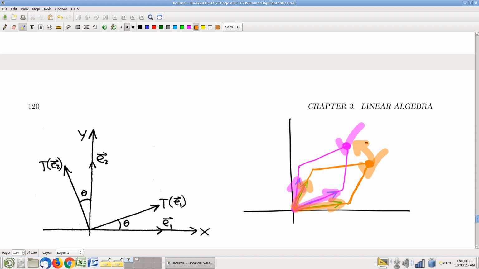So that's just how rotations work. Rotations turn a parallelogram into another parallelogram, and just drawing the picture and thinking it through, that means that rotations are linear transformations.